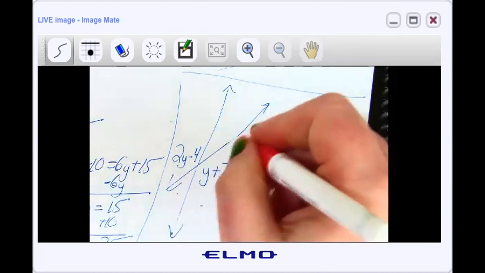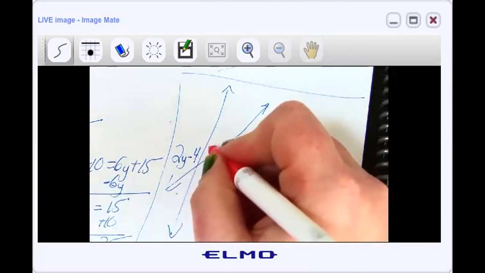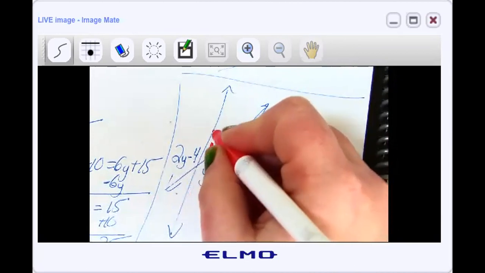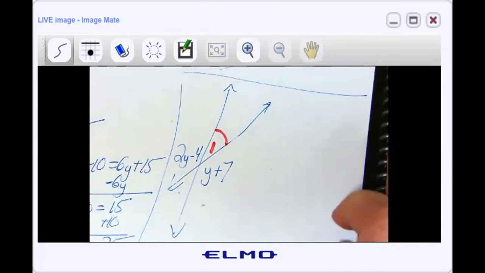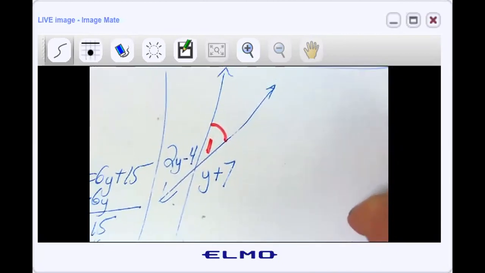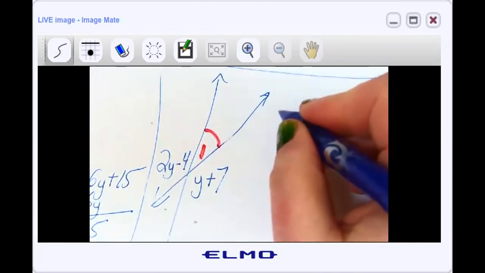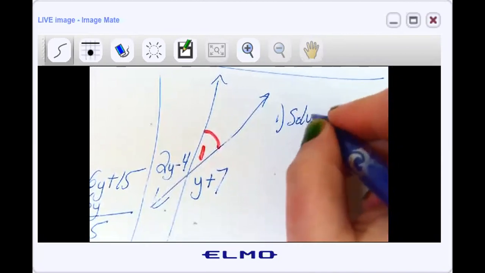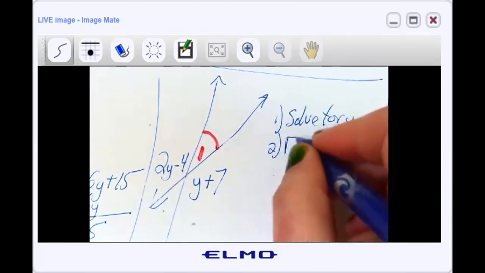All right. Angle 1 right here. So here's what I want you to do. This one's like a two-parter question. I want you to solve for y and then find me the measure of angle 1. Okay, so step 1, solve for y. Step 2, find the measure of angle 1.